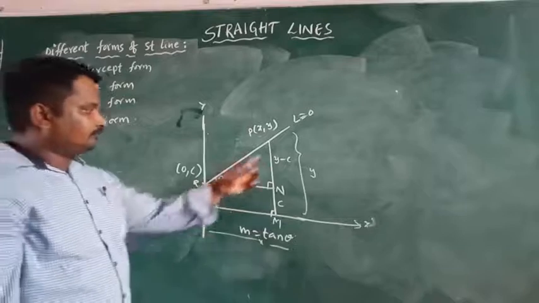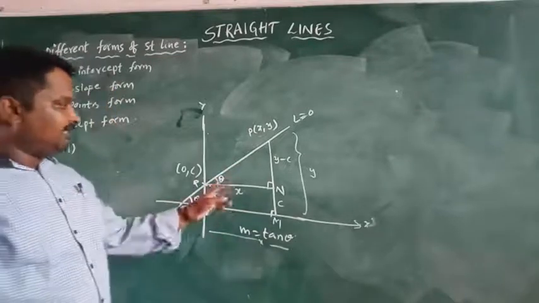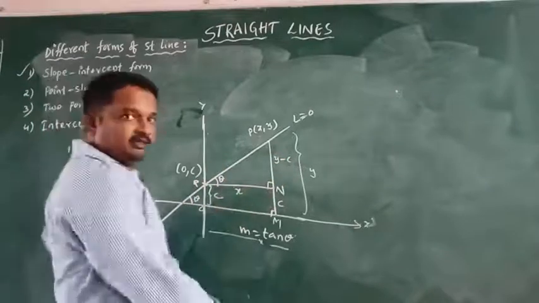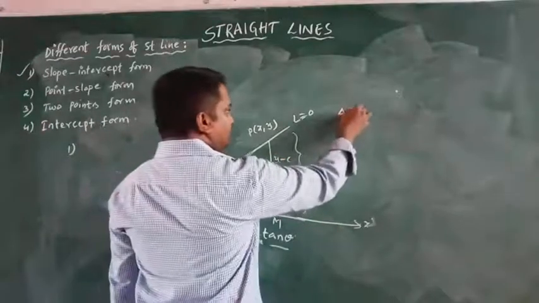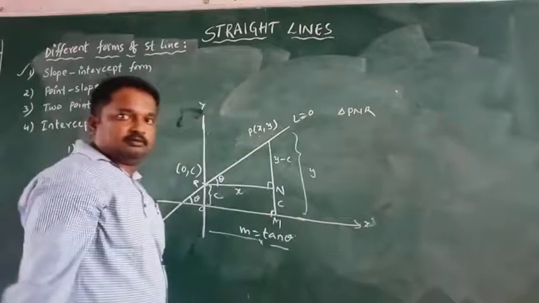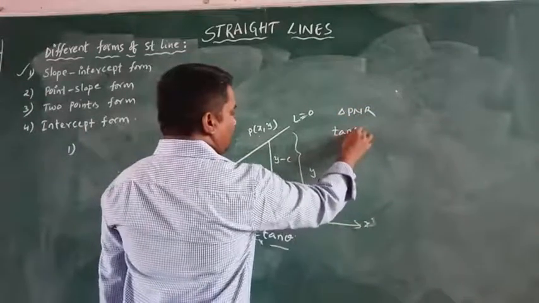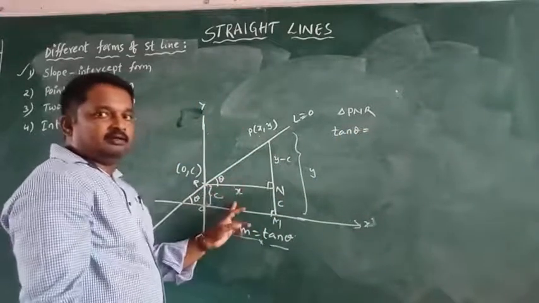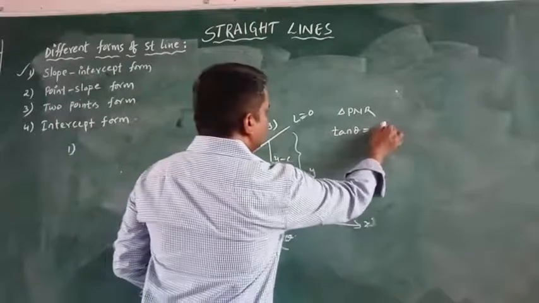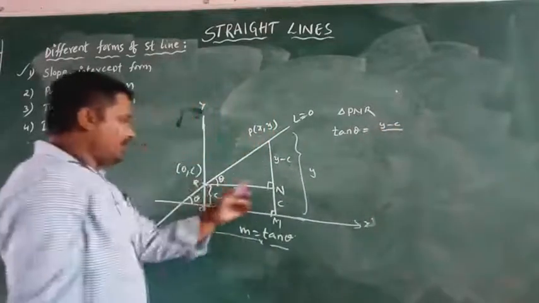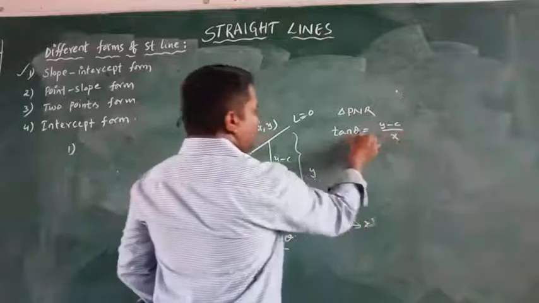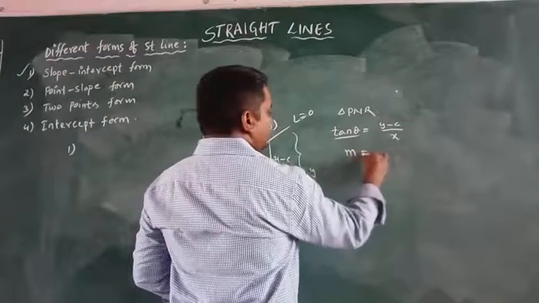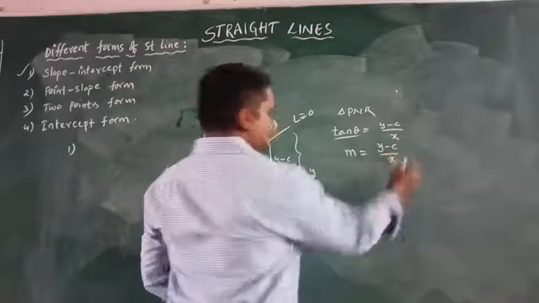Now in the right angle triangle PNR, tan theta equals Pn by Rn, opposite by adjacent. Pn is y minus c and Rn is x. We already represent tan theta with m, so substituting, m equals y minus c by x.